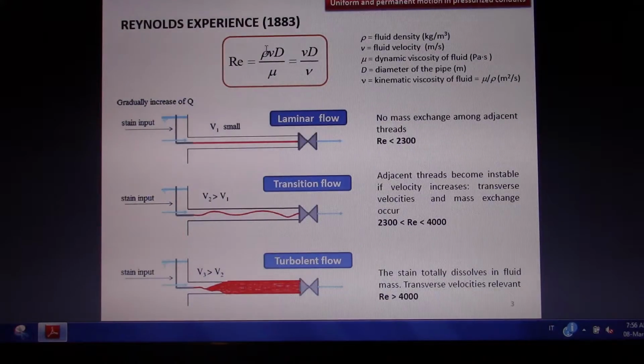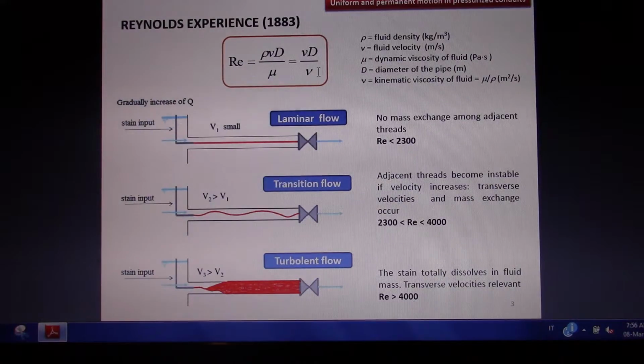This can be rearranged using the kinematic viscosity of the fluid, nu, which is given by mu over rho, so Re is the velocity times D over nu, where nu is the kinematic viscosity of the fluid.